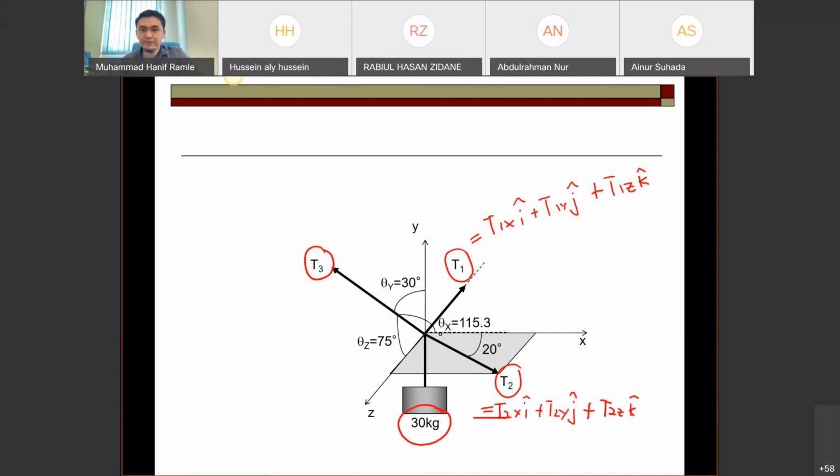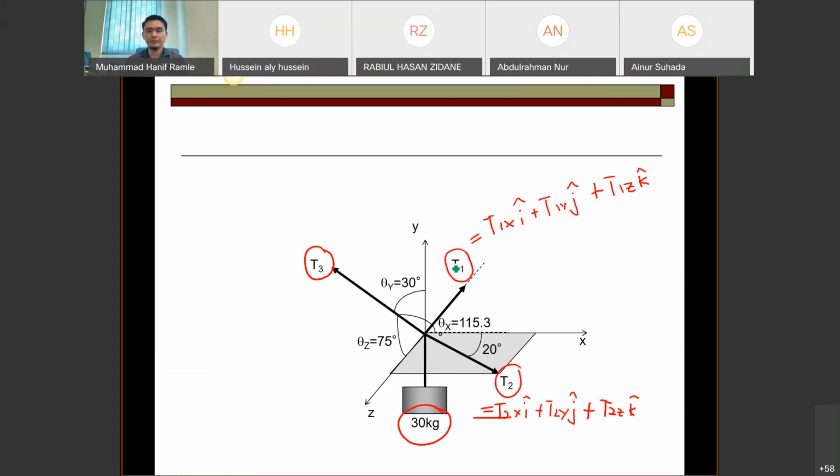This is tricky. Which method for T1? Any idea? T1?